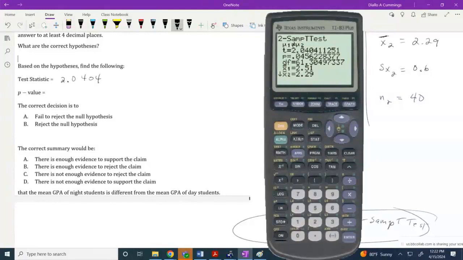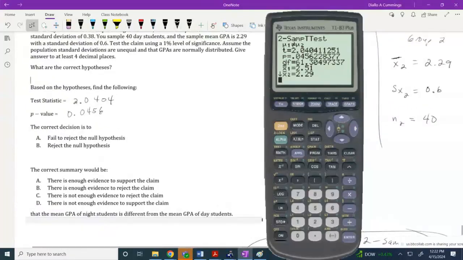The p-value is 0.0456. I'm just checking this answer key. They didn't round the test statistic to 4 decimal places, but it says that in the directions. Okay. So that's the test statistic and the p-value.